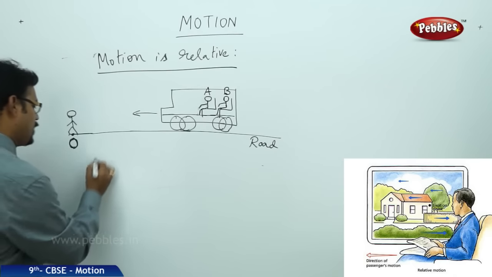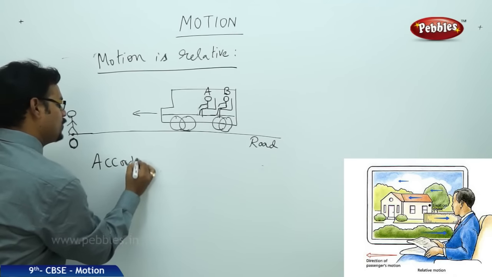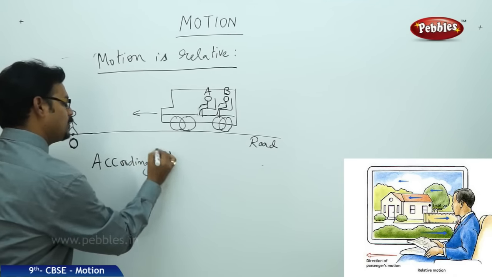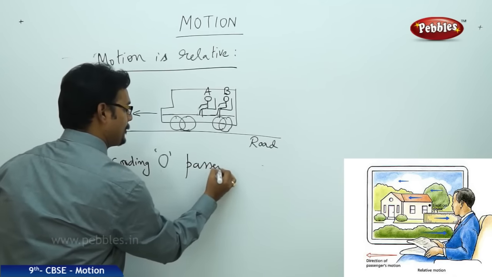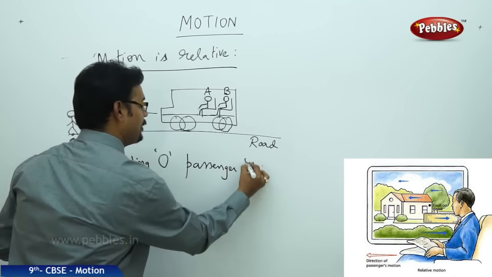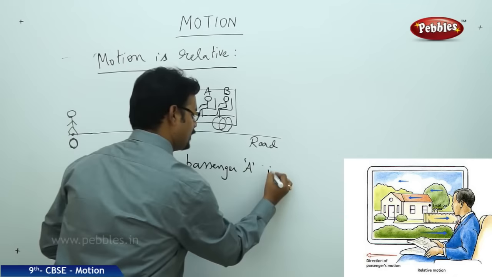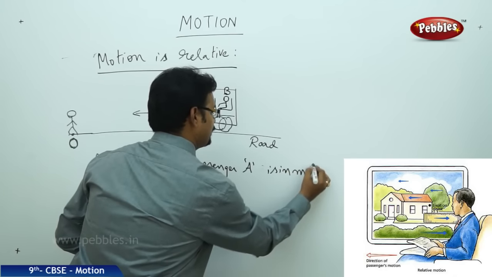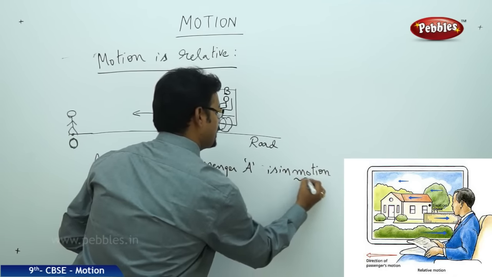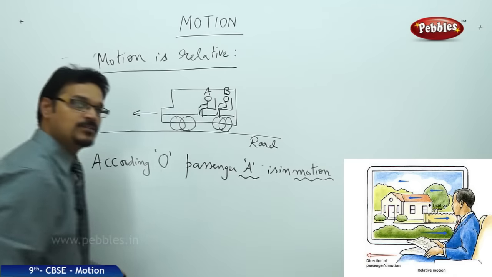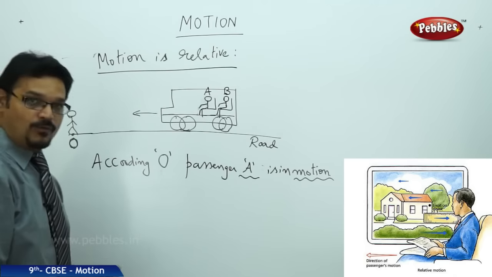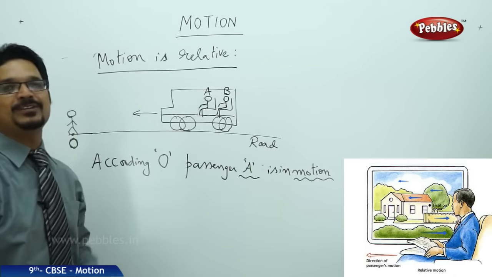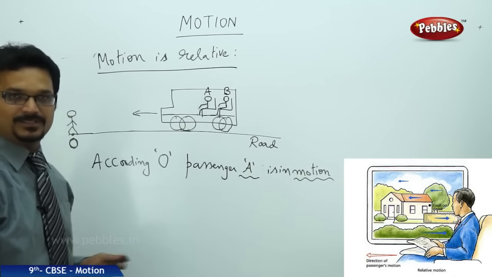So according to observer O, passenger A is in motion. According to observer O, passenger B is also in motion because these 2 passengers are in the same bus.